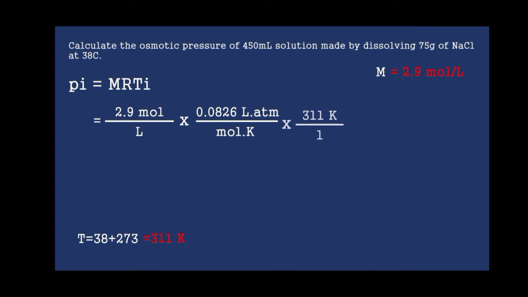So, times 311 Kelvin over 1, times the number of ions, in which the number of ions is 1 sodium cation and 1 chlorine anion, times 2. So we cross out the units, and it is equal to 149 atm. So that is the osmotic pressure of the solution.